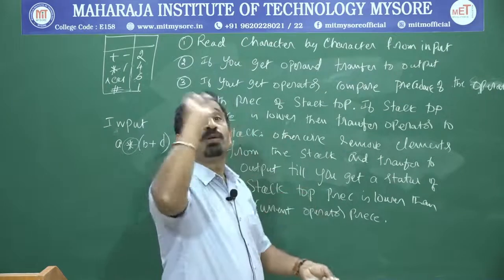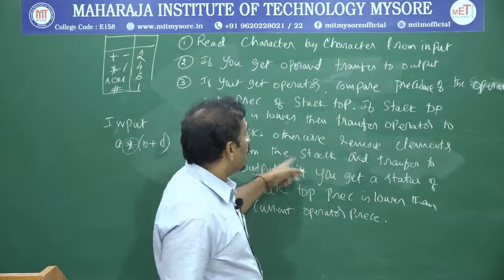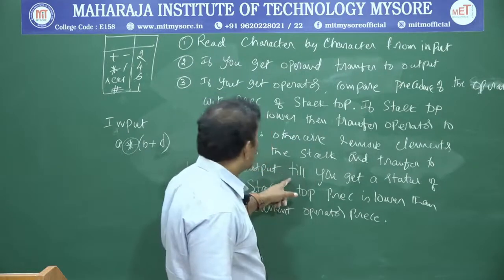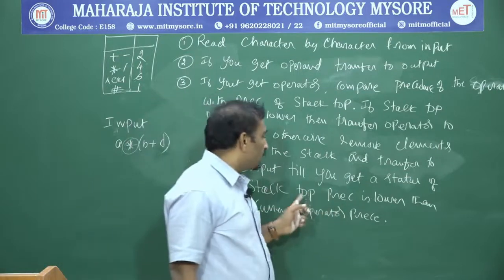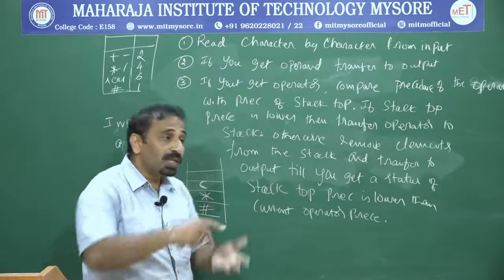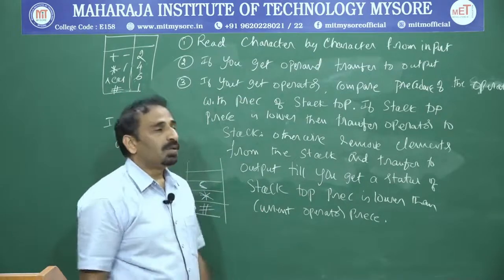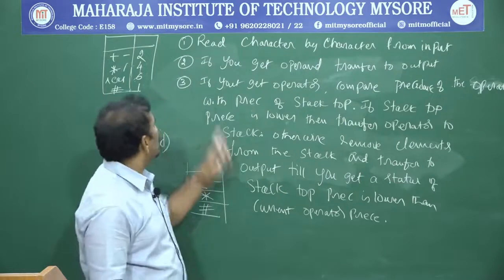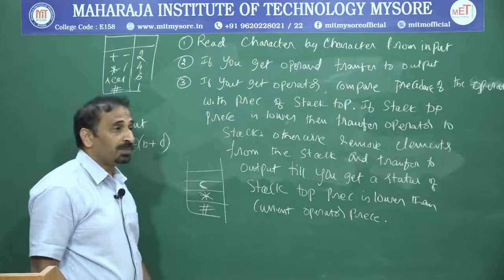Each time when you remove, post it to output, till the stack top precedence is lower than the current operator precedence. Alright, this is the step you are supposed to follow for operator.